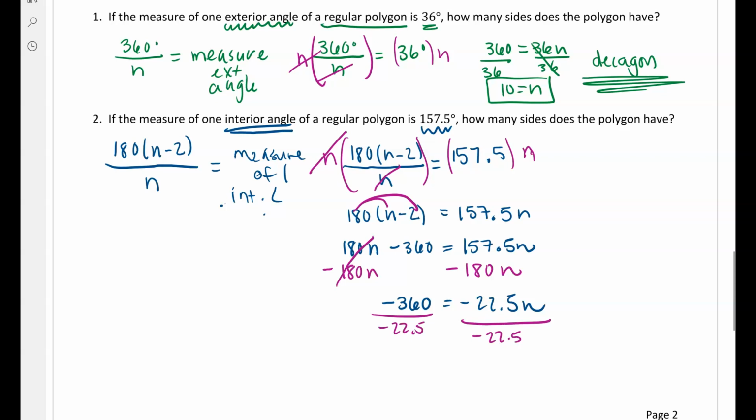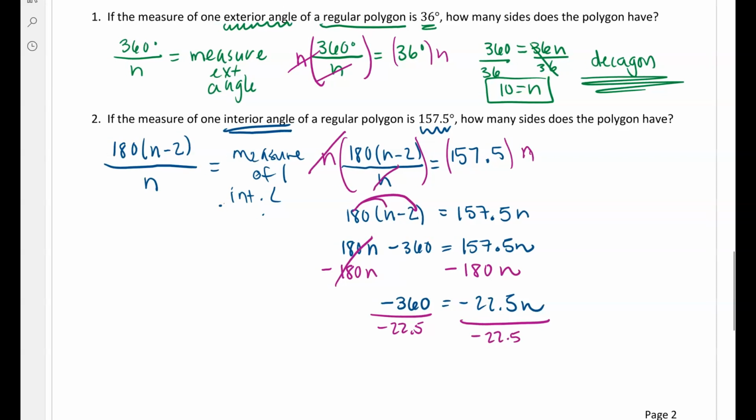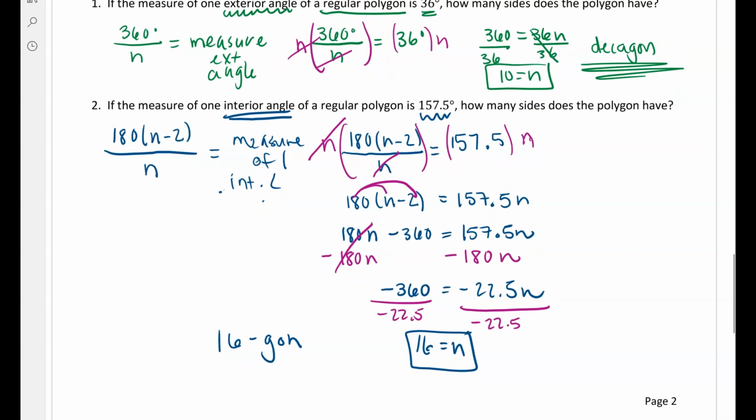Negative 360 divided by negative 22.5. I know a negative divided by negative is a positive, and that comes out to 16. So 16 is the value of n. And for our purposes, we just call that a 16-gon. It's possible that it has a special name that I don't know about, but you don't need to know about it either. All right, that's it for this one.